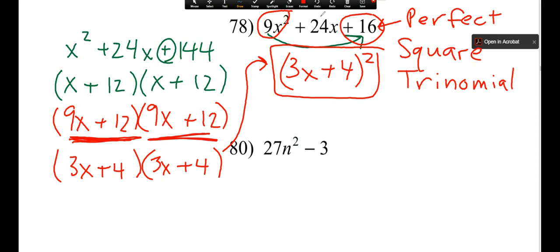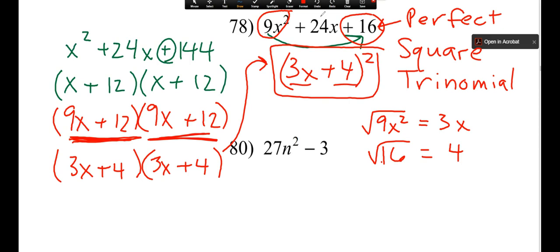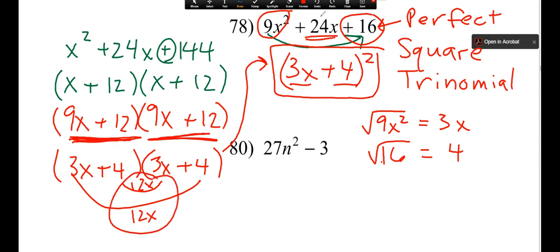So if you took the square root of 9x squared, what would you get? 3x. And if you took the square root of 16, like we said earlier, you'd get 4. Well, that's each of those, right? Right. Well, when you do the outsides and the insides, you end up getting 12x and 12x. And those are the things that add up to the middle term, 24x.